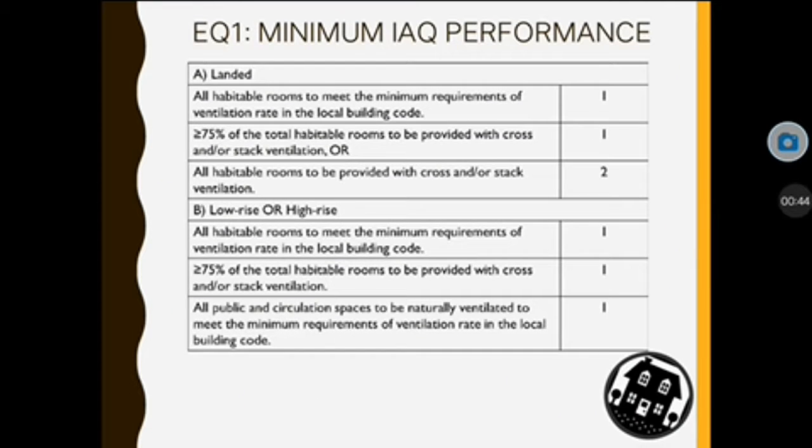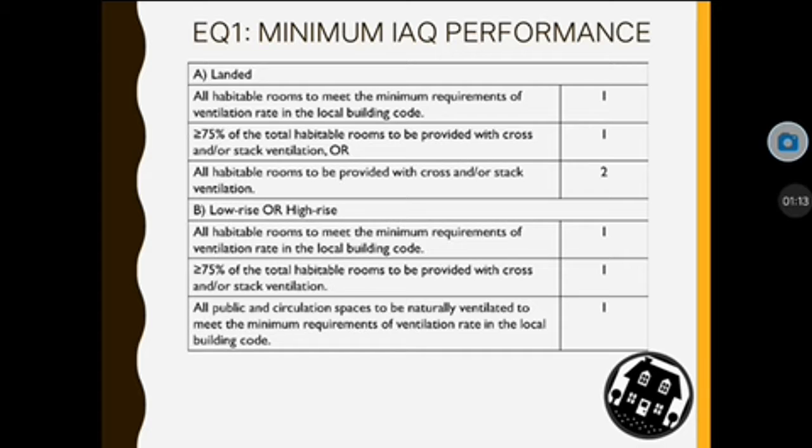The first is minimum IAQ performance. For A, landed: all habitable rooms to meet the minimum requirements of ventilation rate in the local building code acquire 1 point, while more than 75% of the total habitable rooms to be provided with cross and/or stack ventilation require 1 point. Then, all habitable rooms to be provided with cross and/or stack ventilation acquire 2 points.